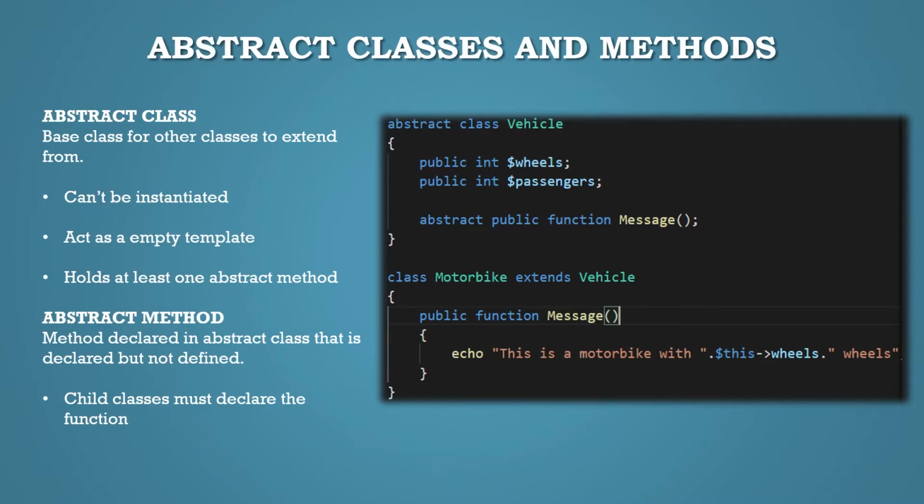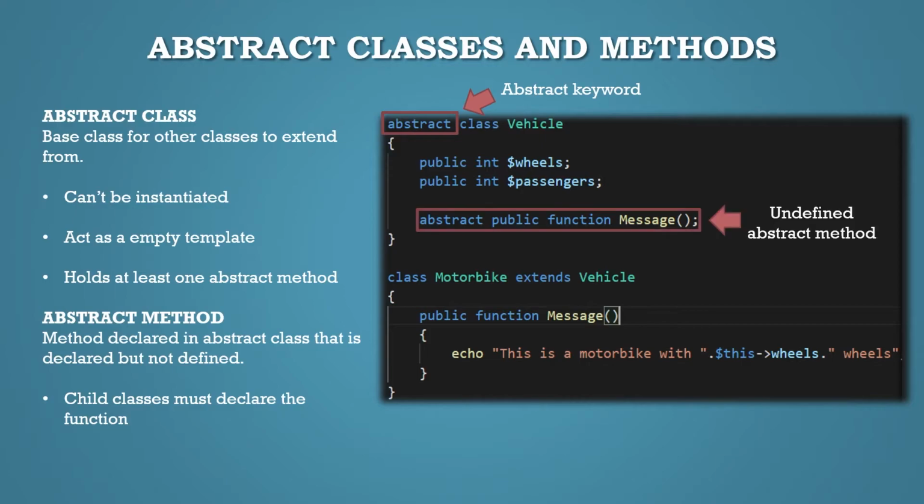And this is basically to force the child classes that extend from that abstract class to add some specific logic to that particular function. For defining an abstract class, we just use the abstract keyword in front of the class definition. Then we specify the abstract method that we would like the child classes to define. It uses the same syntax.